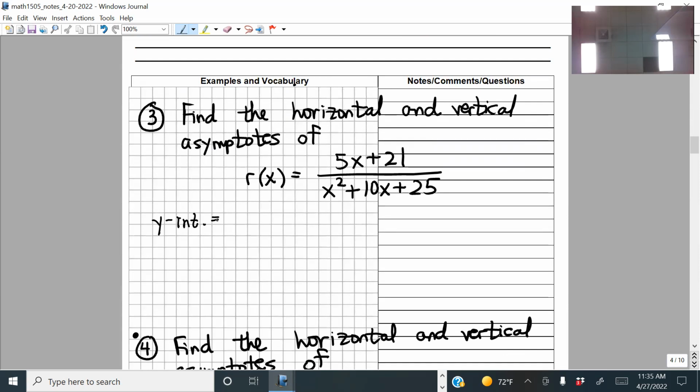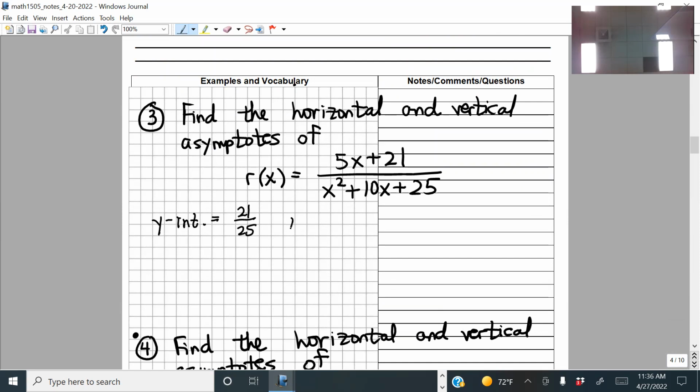Yeah, you said it right. Yeah, how do you find y-intercepts? You do what? Plug 0 in for x, right? So when you plug 0 in for x into this formula, you have to look carefully what happens. All these terms disappear and you just get left with what? 21 over 25? So we have a weird y-intercept there, 21 over 25, whatever that is.